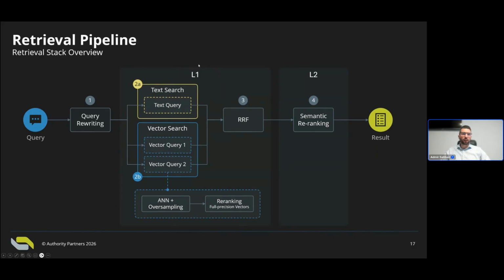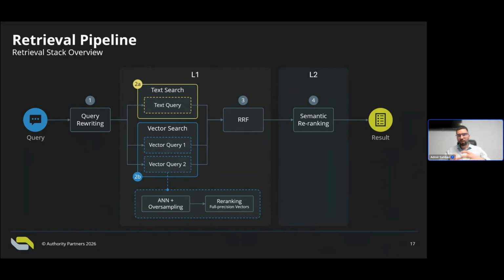The L1 is responsible for quickly scanning the index, right, to identify an initial set of candidates using either text search, vector search, or, as recommended, hybrid search, which we have illustrated here. Now, whenever we have parallel queries running as part of the same search request in Azure AI Search, it could be hybrid search, which runs both text search and vector search in parallel, or it can simply be multiple vector queries running in parallel. That is also possible. We can even assign different weights to vector queries and so on.